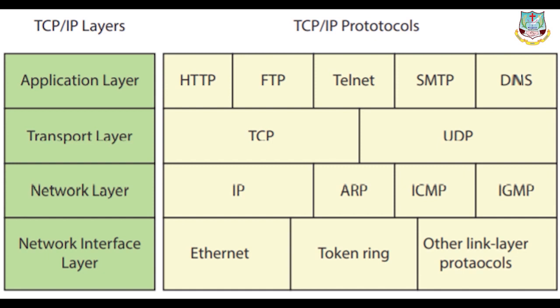Some other protocols in the network layer are IP, ARP, ICMP, IGMP. In the transport layer there are TCP, UDP and others. And in the application layer there are HTTP, FTP, Telnet, SMTP and DNS.